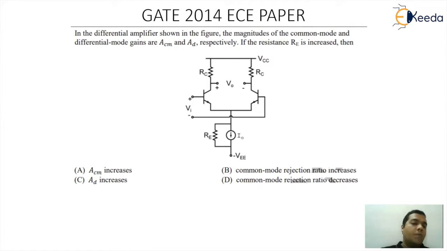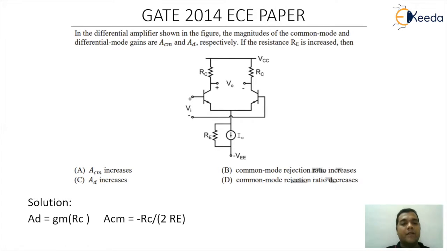So the options are regarding rise in ACM and AD, or common mode rejection ratio either increasing or decreasing. If you observe the circuitry carefully, this is basically a balanced input, balanced output type configuration. So we will have a logical understanding regarding this question. Let's start with the solution.